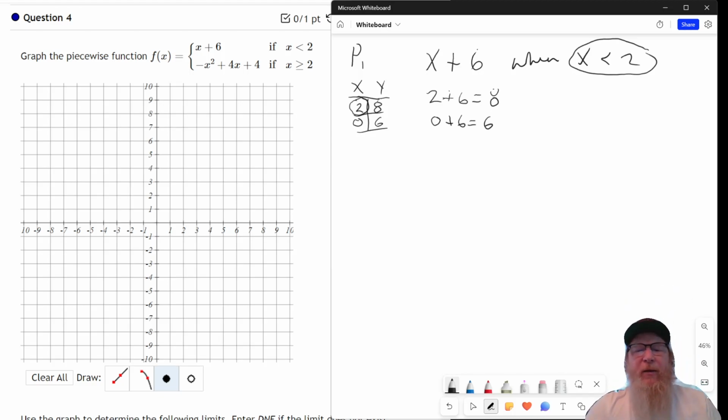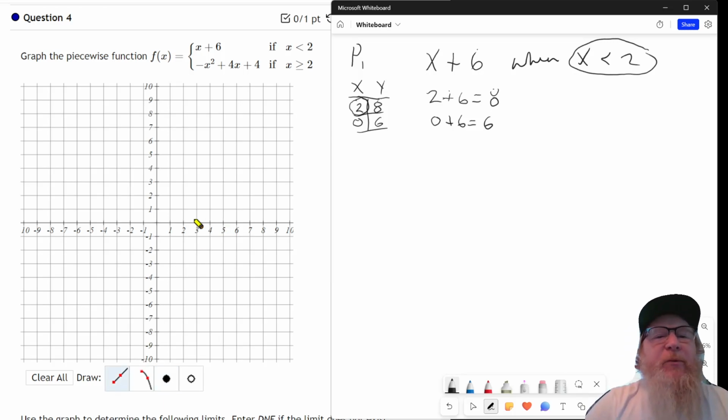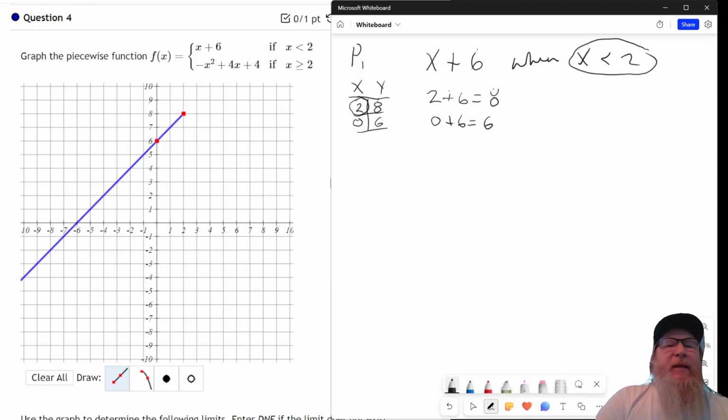So over here on our graphing tool, we'll take the half line, also known as a ray, and we'll start at 2, 8. And then we'll drag it down to 0, 6. Now, technically, there is an open hole right here, right?